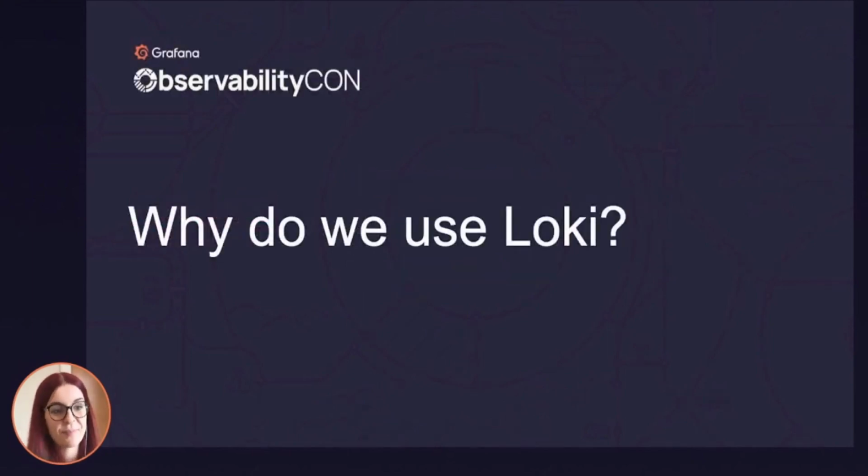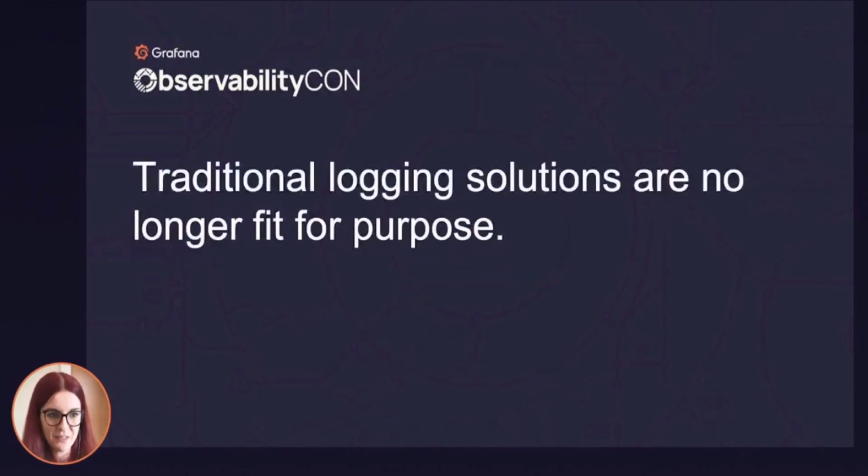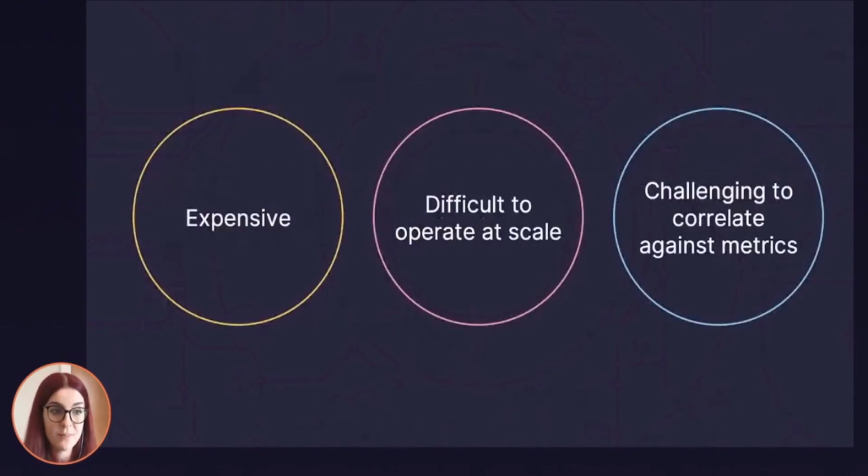So why do we want to use Loki in the first place? Well, traditional logging solutions are no longer fit for purpose. With our infrastructure and our application deployment getting more complex and more distributed, we need our logging solution, our entire observability stack to scale up with our needs. However, traditional logging solutions are first of all expensive.